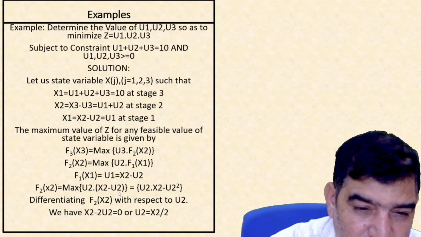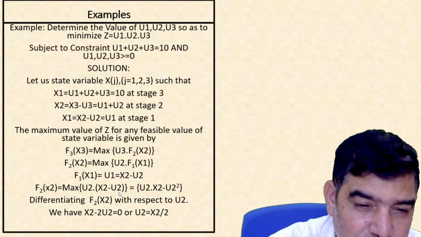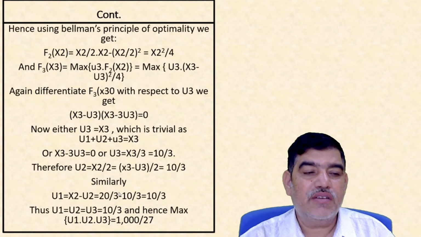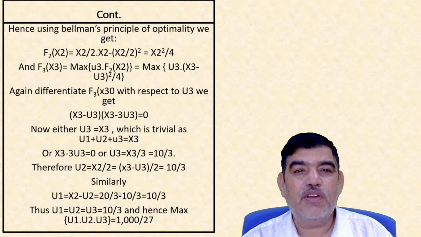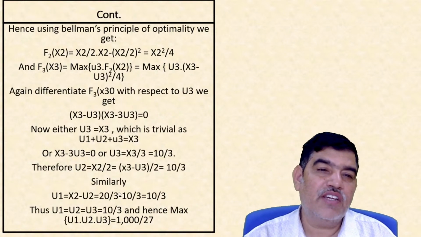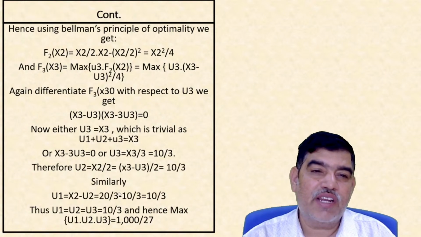If x2 minus 2u2 equal to 0, then what is u2? u2 is equal to x2 by 2. Hence, by using Bellman's principle of optimality, we get function of x2, backward direction, backward process we can implement it here.